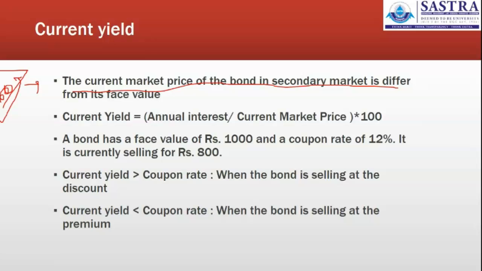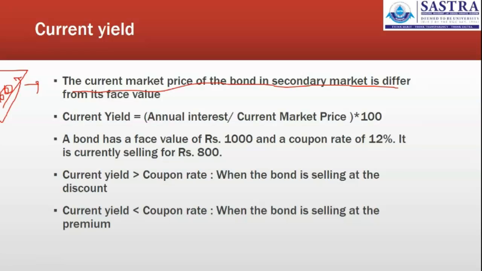What is the interest being given? Take the example of a bond with a face value of 1,000 rupees and a coupon rate of 12%. You know that 120 rupees is received every year, so the annual interest is 120 rupees. If that particular bond is currently available in the market for 800 rupees, that is the current market price.